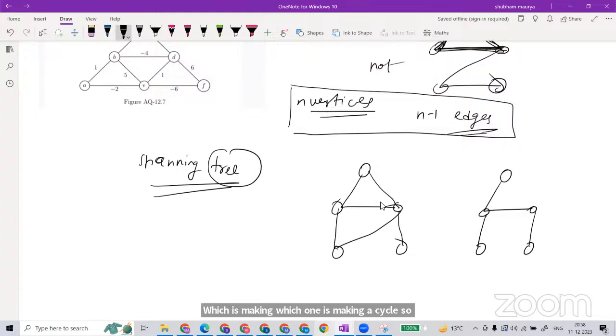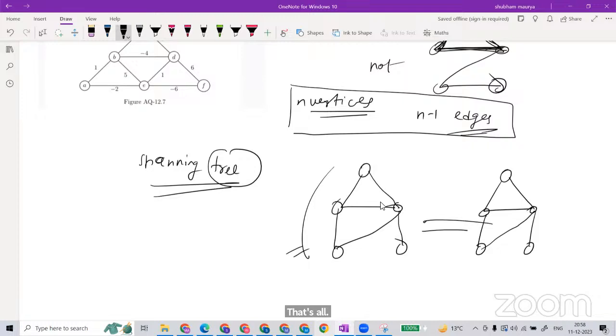This is a tree, and if you add this edge and this edge, it becomes exactly the graph we had. Sir, do we remove the largest edge, in terms of the weight?